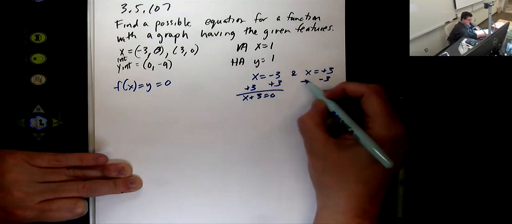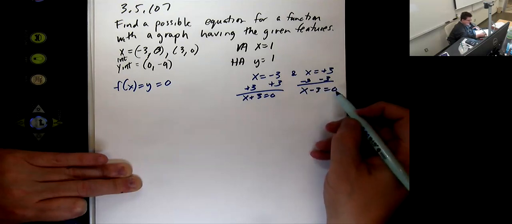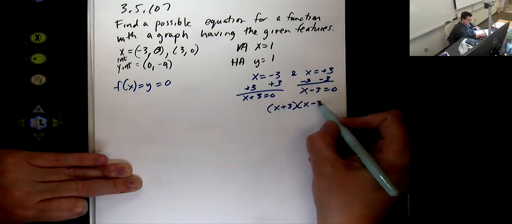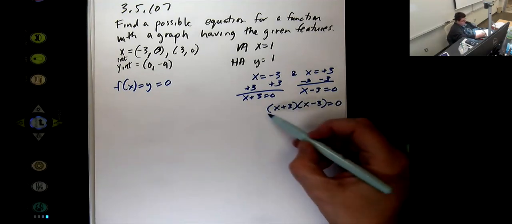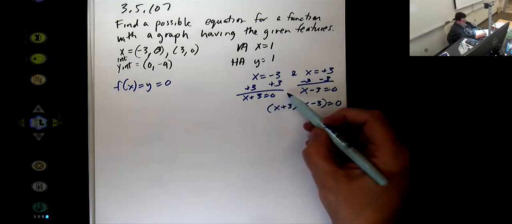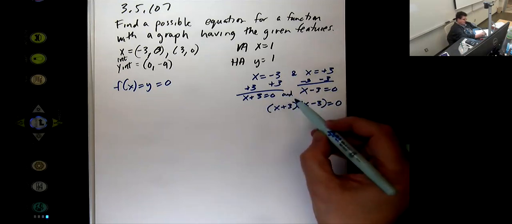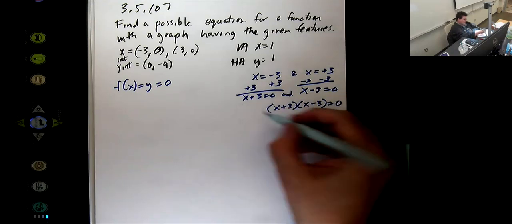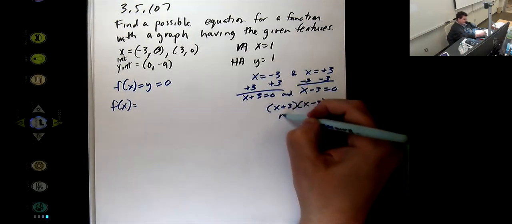And if I subtract 3, I get x minus 3 equals 0. Then I could unfactor these and make this x plus 3 times x minus 3 equals 0, because when it can be either one of these, then both of them multiplied together are going to equal 0. So this should be the numerator. The numerator should have this in it.